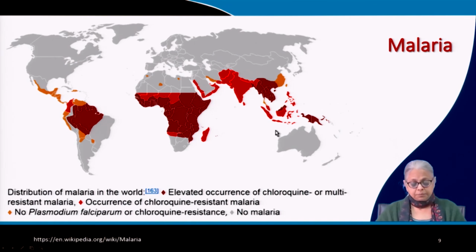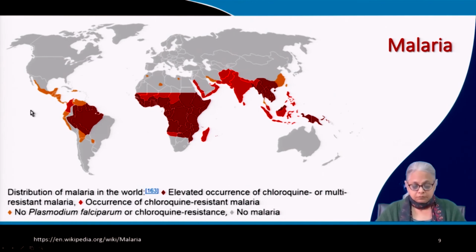So what you see in this map is a dark brown set of geographic areas where elevated occurrence of chloroquine and multi-resistant malaria is already known. In our country, we do have chloroquine resistant malaria, so it's no longer effective, and there are other parts of the world, much smaller areas, where there is no resistance to either Plasmodium falciparum or to chloroquine.